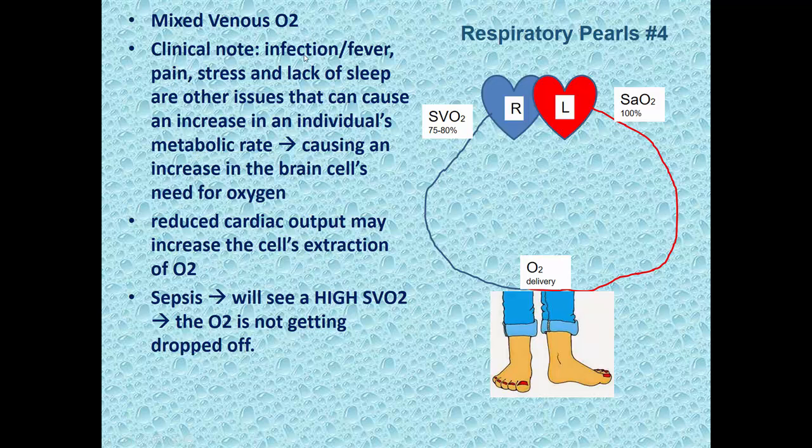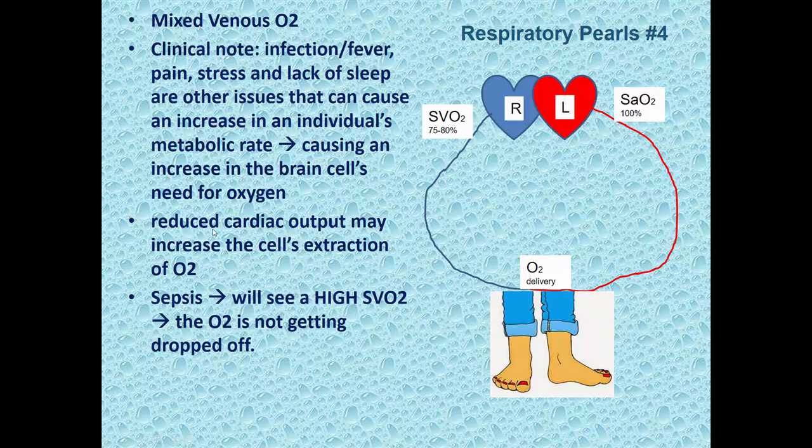If the patient had an infection, well, you know that's going to increase the metabolic rate of the tissues, and those tissues are going to grab more oxygen off that truck, and the venous saturation is going to go down. And if the patient's in pain or they're stressed or there's a lack of sleep or they have hyperthyroidism, any of those things can cause the need for more oxygen at the tissue level.